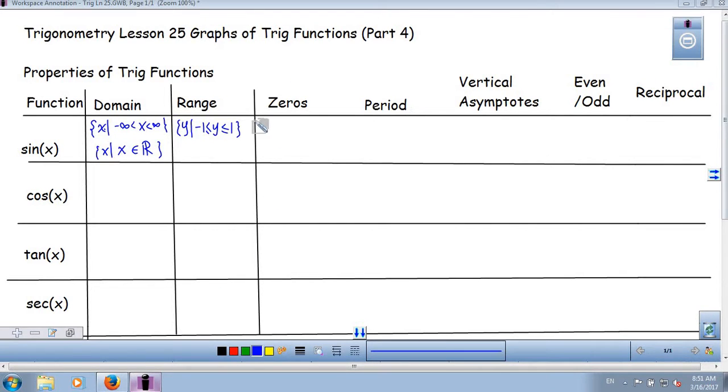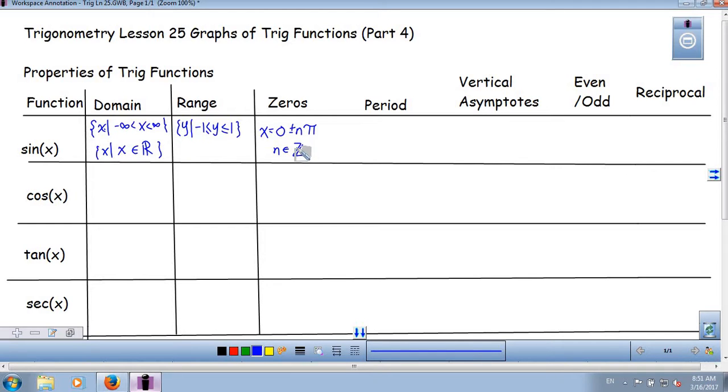So the zeros are going to be at x equal to 0 plus or minus n pi, where n belongs to the set of integers.